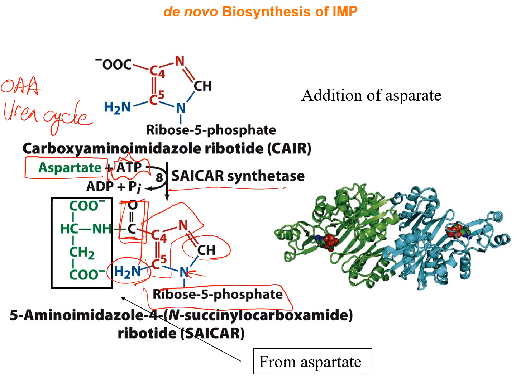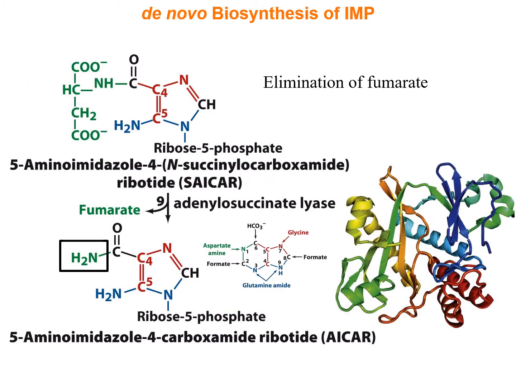Now the next step in the pathway, this aspartate will actually sort of cleave, leaving this NH group as part of the nitrogenous base and liberating fumarate. In fact, that is the next step of the reaction, the generation of fumarate. So reaction 9 in this pathway, this NH2 amino group came from aspartate.